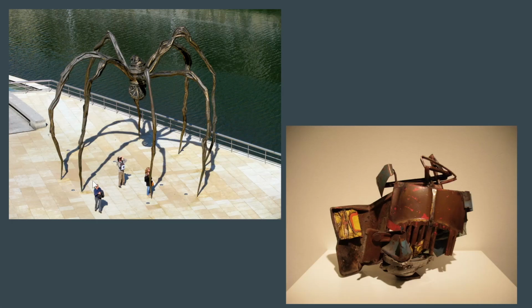So I wouldn't say this is full abstraction, unless she's not intending to reference a spider. Maybe she doesn't even know what a spider looks like. Maybe this is an emotion that she's trying to portray with shapes and form, right? When we see it, we think it's a spider because we're used to knowing what a spider looks like.